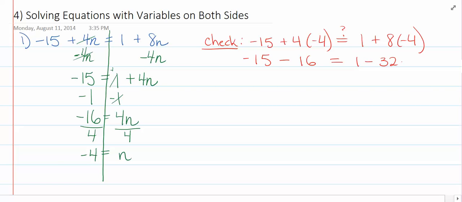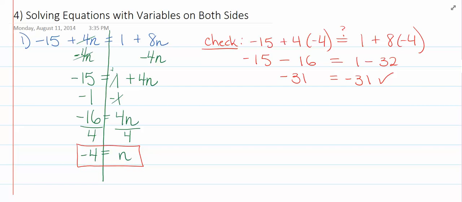And remember, when you're subtracting, you're really adding the opposite. So you can think of it that way as negative 15 plus negative 16 or negative 15 minus 16. Either way, you're going to get negative 31. And on the other side, you also get negative 31. So it looks like our work is correct.